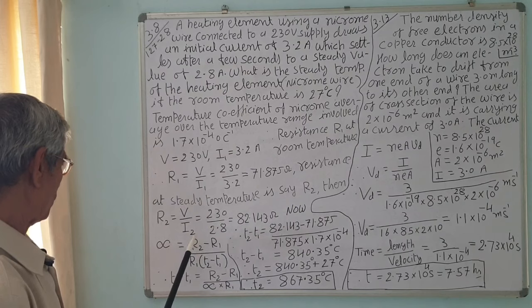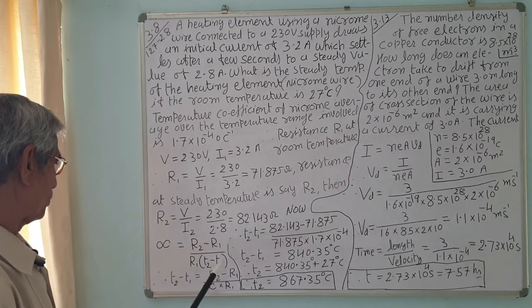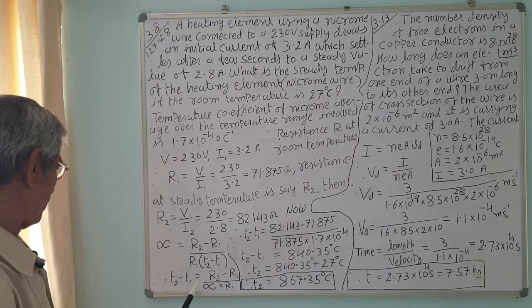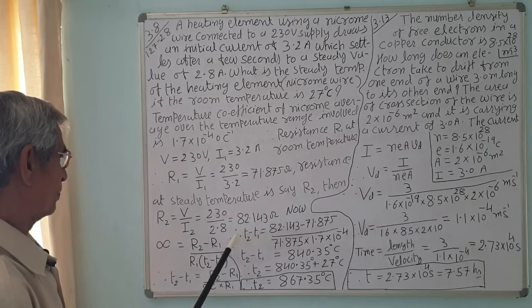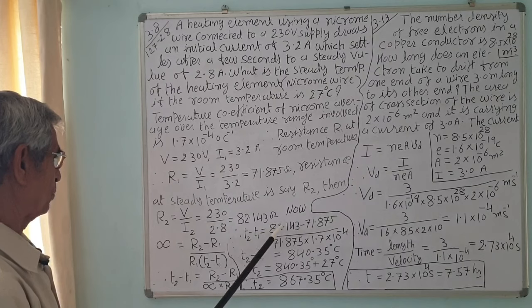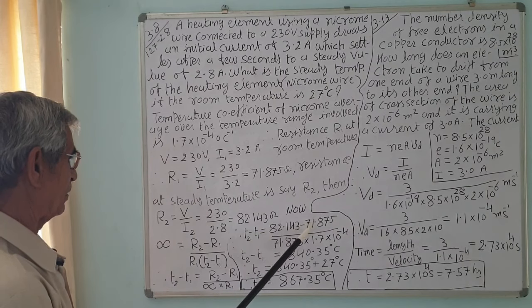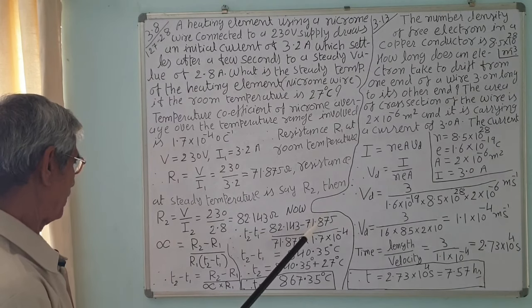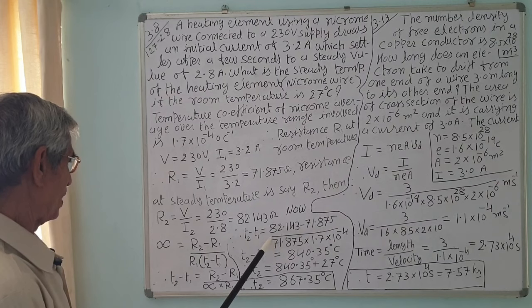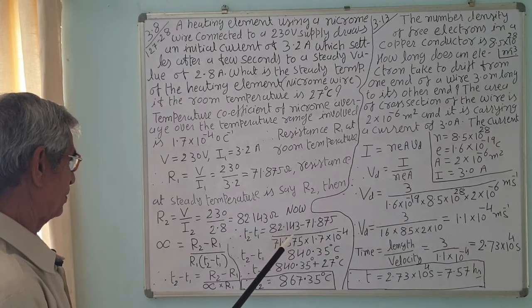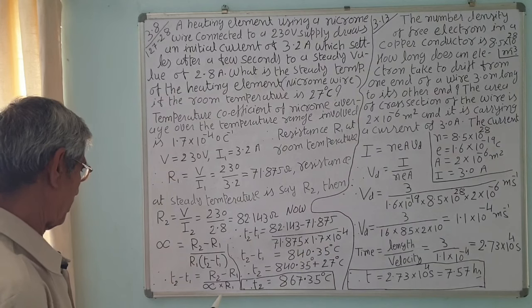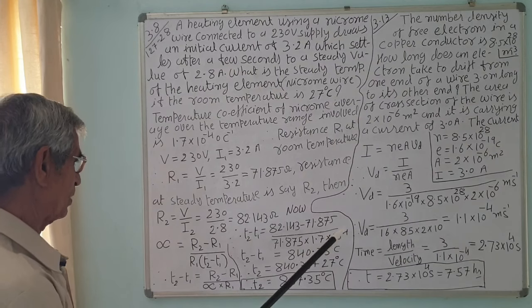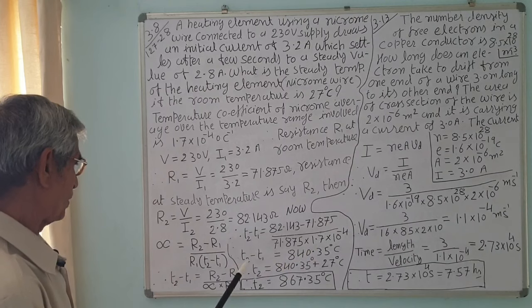Now, alpha is equal to (R2 minus R1) upon R1 into (T2 minus T1). Therefore, T2 minus T1 is equal to (R2 minus R1) upon alpha into R1. That is (82.143 minus 71.875) upon 71.875 multiplied by alpha, where alpha is 1.7 × 10^-4.